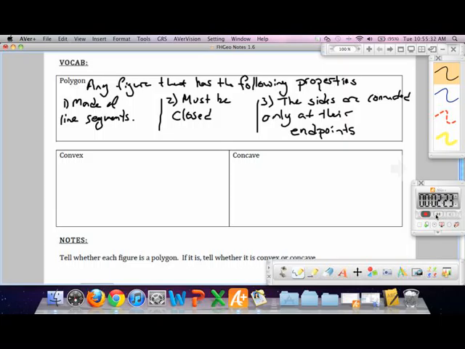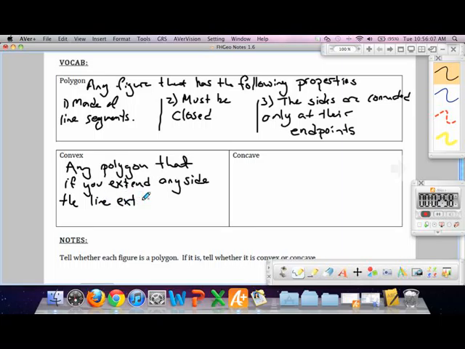In particular, a convex polygon is defined to be the following: any polygon that if you extend any side, the extended line never enters the interior of the polygon.